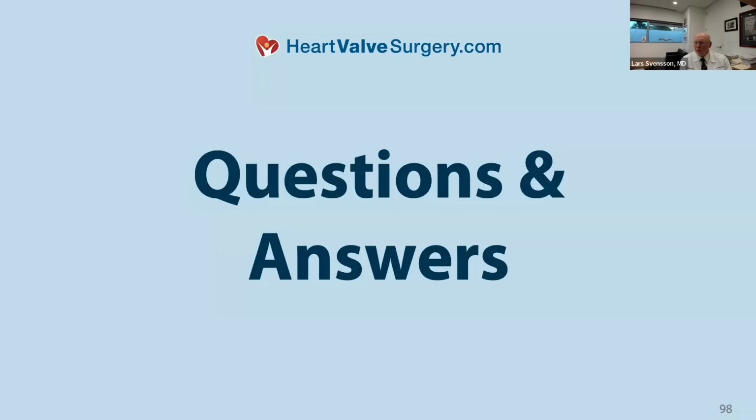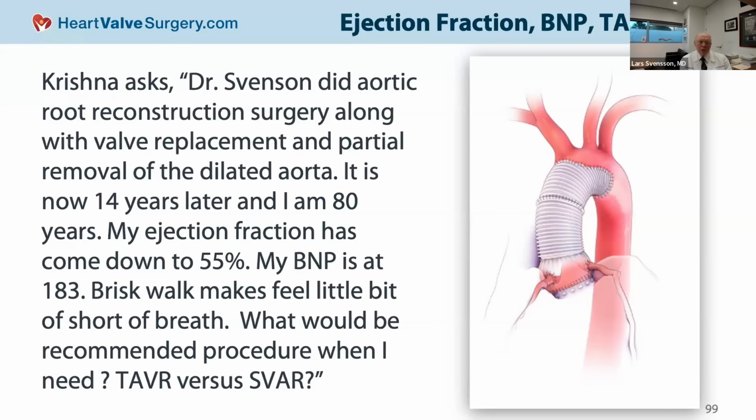All right, so that's a personal choice, but I would think most people who are 80 years of age would go for a TAVR, but certainly a replacement of the aortic valve is also feasible.